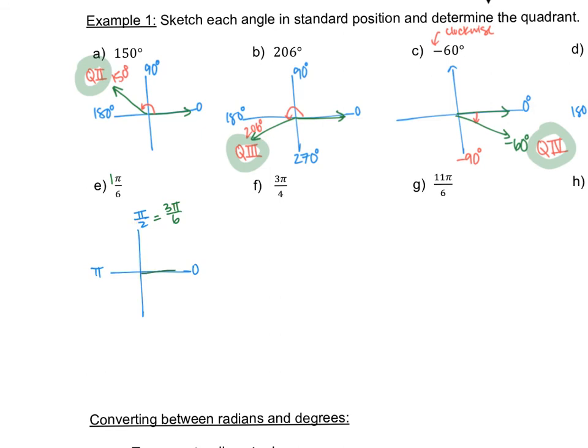So my initial angle starts at 0, but I'm somewhere in the 1st quadrant to represent 1 pi over 6. So this is in the 1st quadrant. And there we go. So what you'll do is look at the radians, but you might need to change them to a fraction that has the same common denominator. It makes it a little bit easier to figure out where it's located.